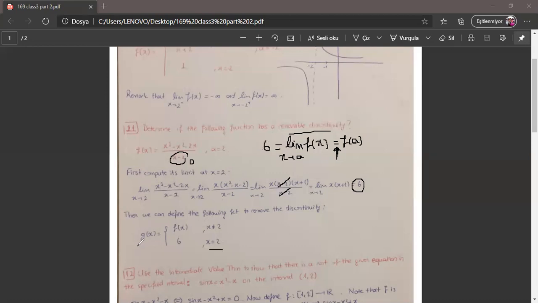So we define a new function g, the only difference between f and g is this point when x equals 2. This function gets 6 when x equals 2. Otherwise, it's defined exactly like f, okay? So we removed the discontinuity of this function f by defining this g at this point.